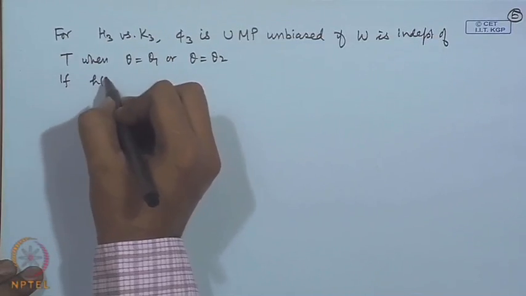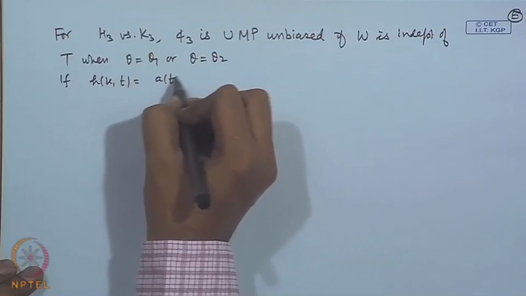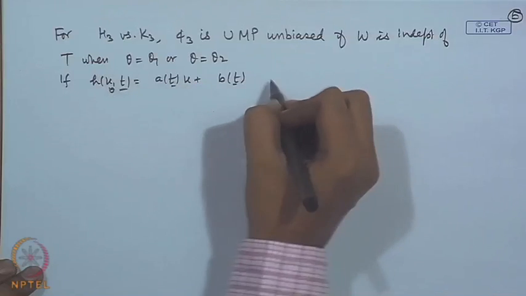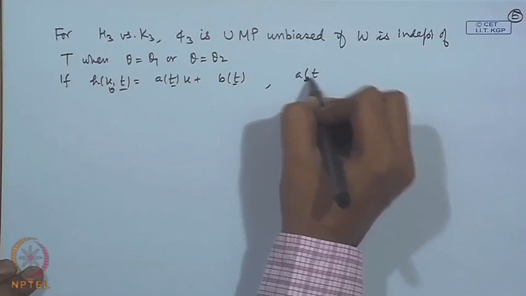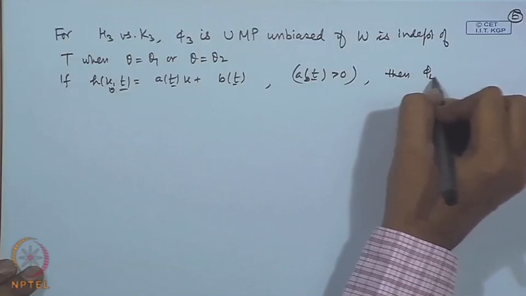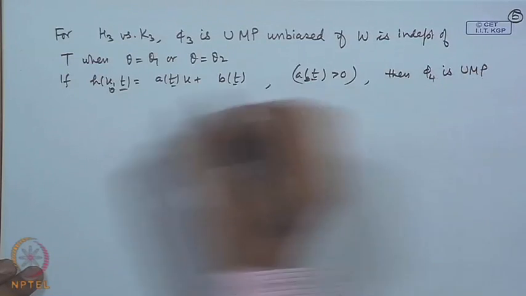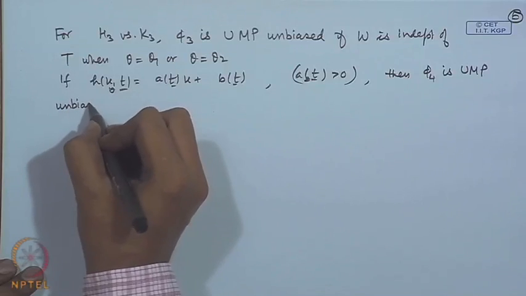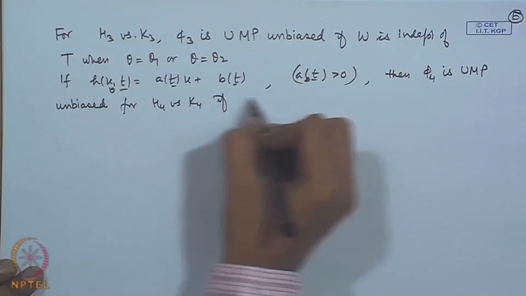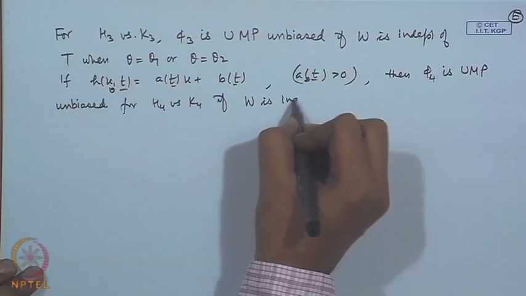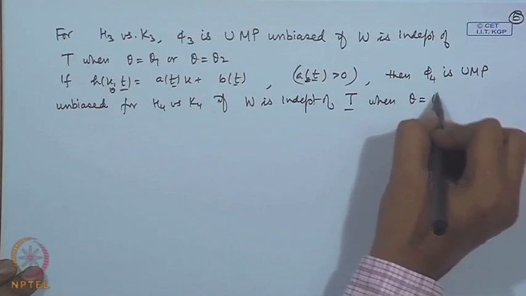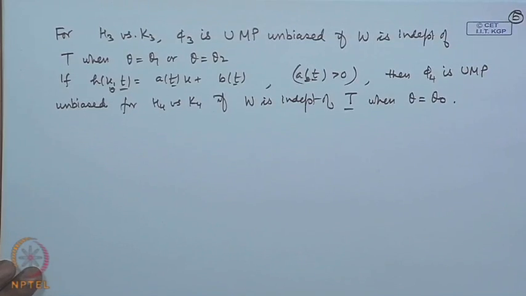If h of u t is of the form a t times u plus b t, where a t is positive, then phi 4 is UMP unbiased for H 4 versus K 4 if w is independent of t when theta is equal to theta naught.